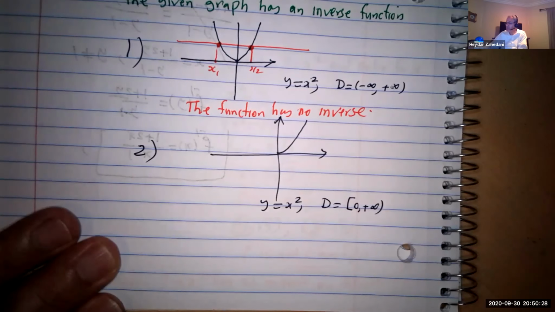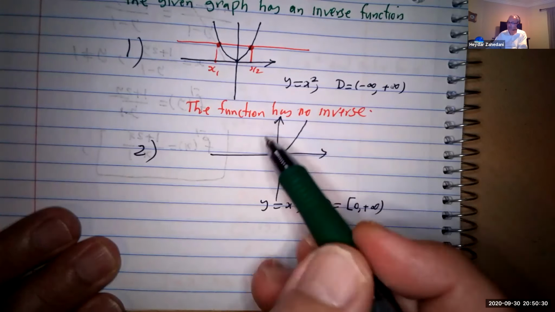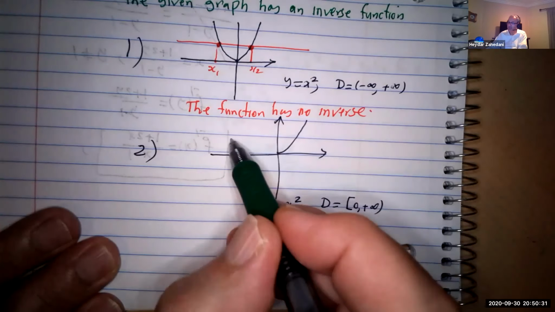It has a nice inverse, you see. If you take any horizontal line, that would intersect the graph at 1 point only. So the function has an inverse. We call it a geometrical test, if you like, to check to see if the function would have an inverse.